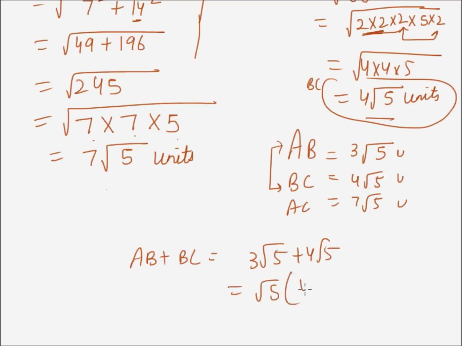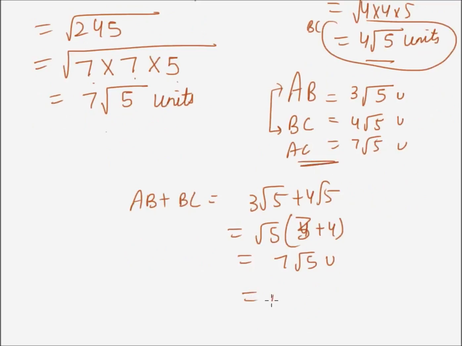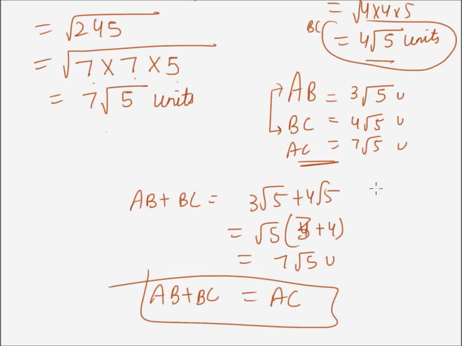Taking under root 5 common, we have 3 plus 4, which will give us 7 under root 5 units, which is nothing but AC. Thus AB plus BC is equal to AC. That is, if we have 3 points A, B and C, then the distance AB added with the distance BC is giving us the complete distance AC. So we can easily state that the given 3 points are collinear.